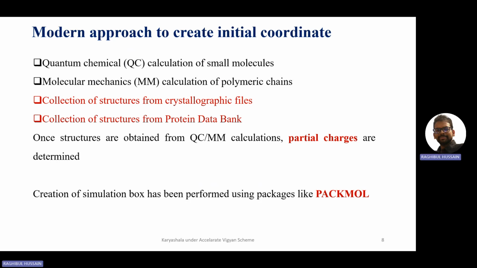Molecular mechanics is very simple. For most of the units, some fragmented data are given, like what could be the bond, what could be the angle, what could be the dihedral. You know dihedral, right? Bond, angle, dihedral, those are given.